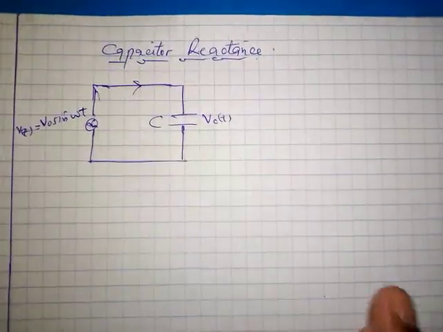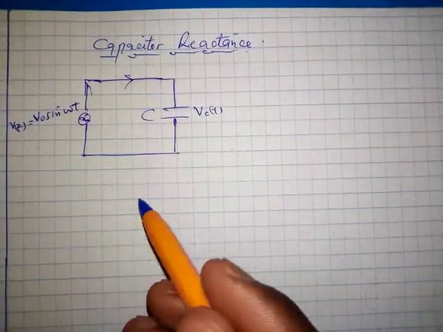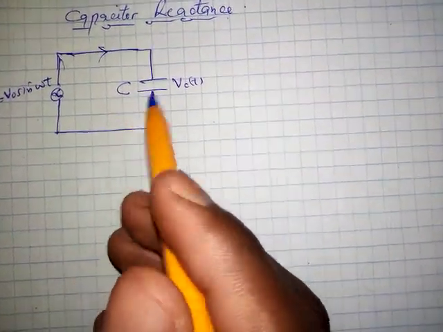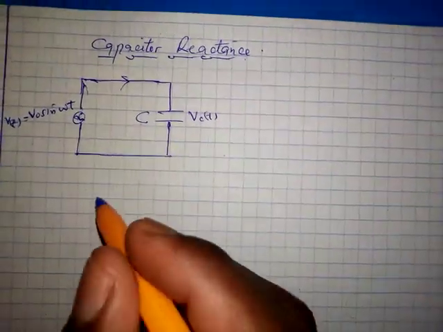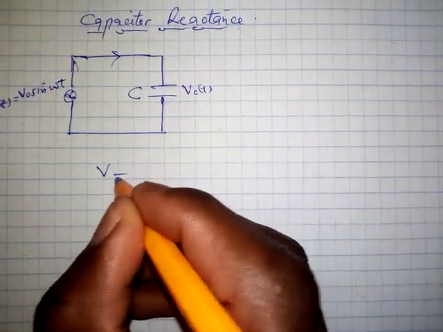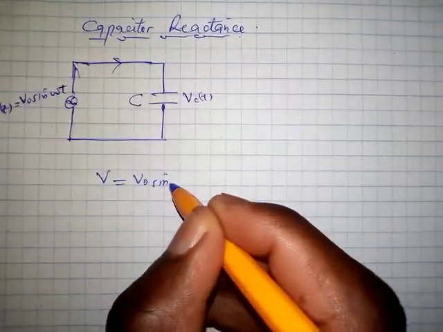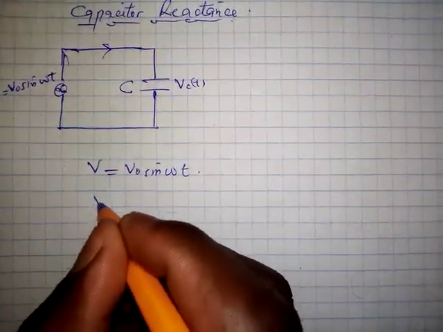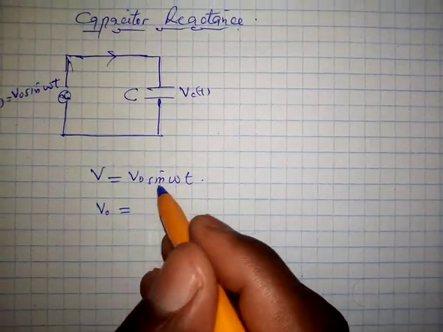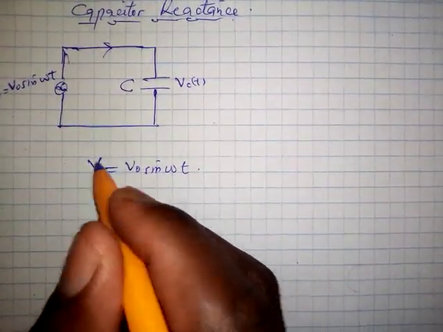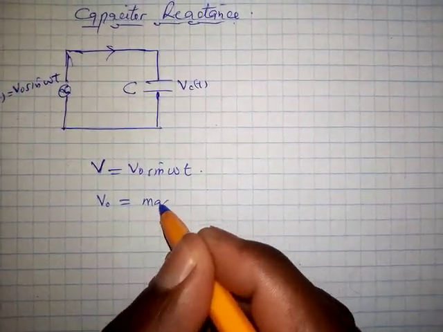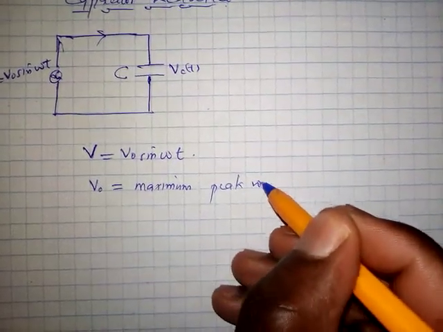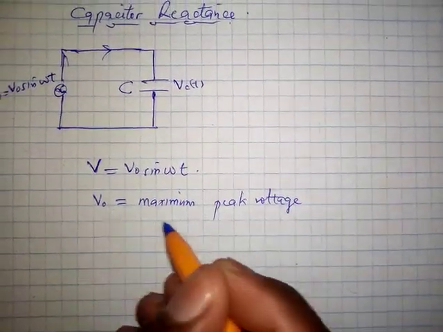So let a PDV be applied across the capacitor C, and its value at time t be given as V equals V naught sine omega t, where V naught is its peak value, the maximum peak voltage.